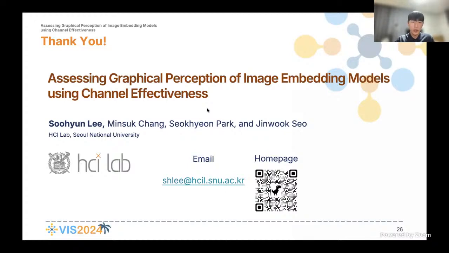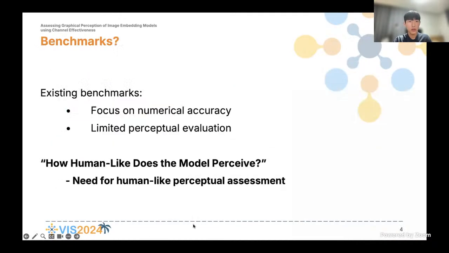Multimodal LLM is in the high-level tasks, such as I explained in this slide. So it focuses on things such as numerical accuracy, so it is a high-level task. So we target the image embedding model because every multimodal LLM that uses vision uses the graph embeddings.